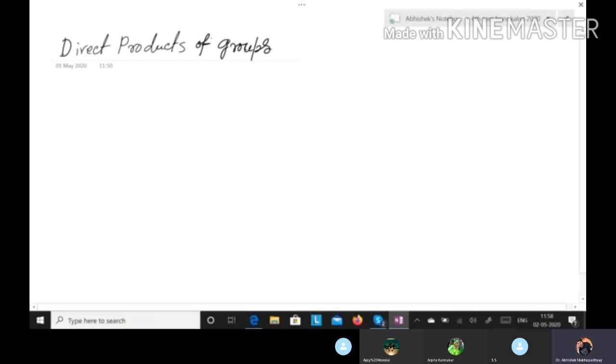Direct product of groups. So this idea came from our intention to construct new groups from the old ones.